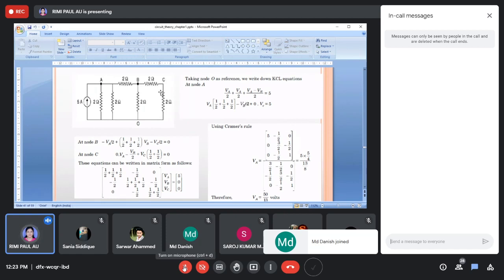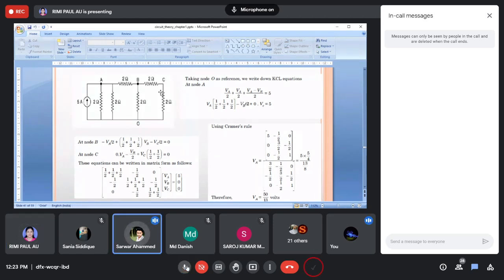The number of equations: 1, 2, 3 or 4? Can you tell me the number of nodes here? Three nodes: two principal nodes and one reference node. So what will be the number of equations? Two equations. Yes, ma'am. So can anyone tell me the equation, at least one equation?